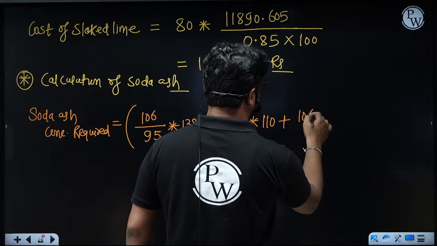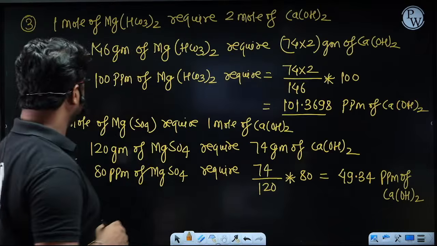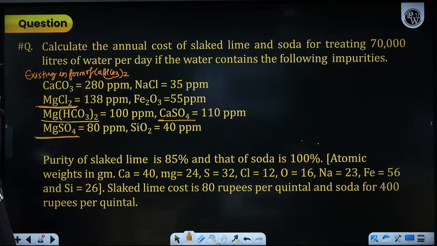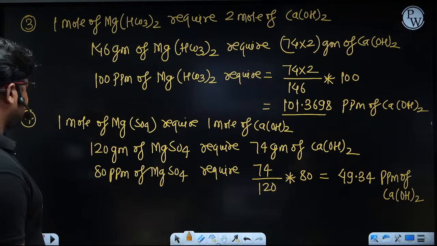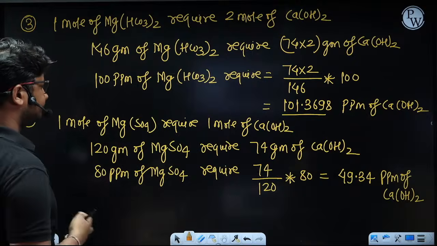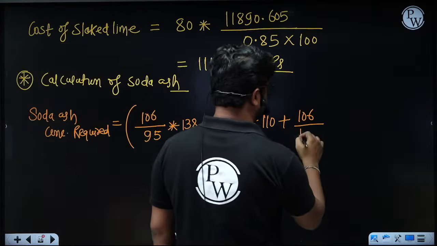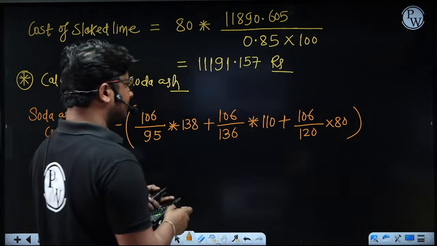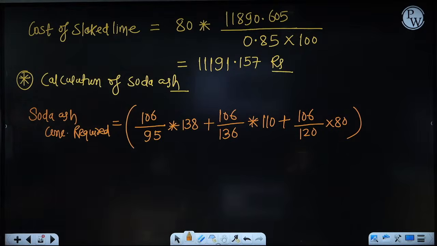Plus again the next one, 106. For MgSO4 also 1 mole of soda ash is required, and the MgSO4 molecular mass, which we have already calculated, is 120, into 80. Sum it up.